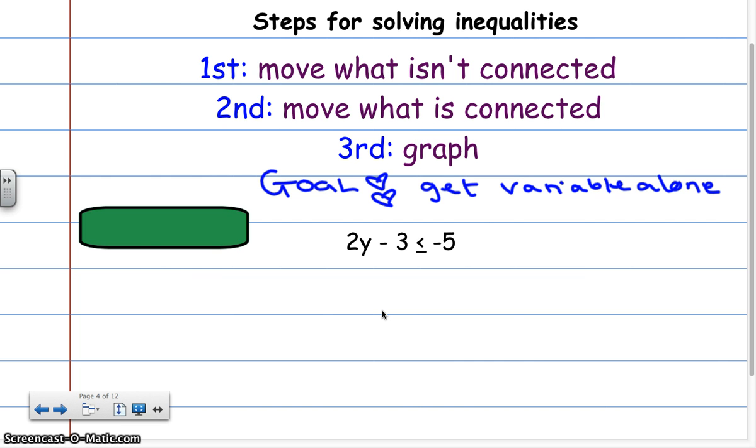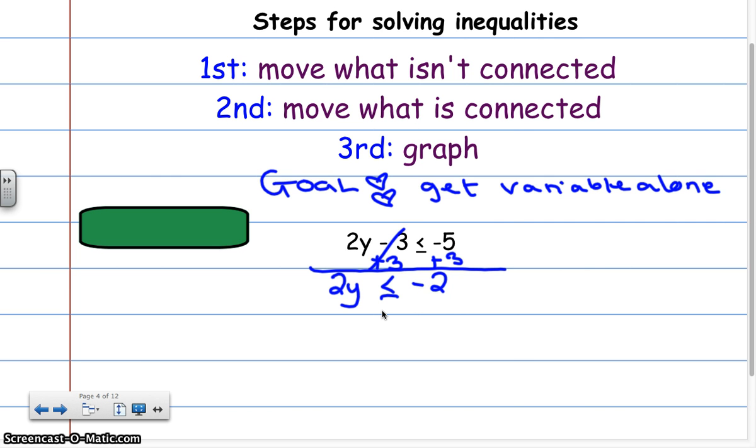What's not connected to my variable? This -3, right? And how do I move that -3? Add 3. So I'm going to go through the very tedious part of showing my work here for these first couple of examples. And I get 2y, that cancels, is less than or equal to -5 plus 3, which is -2.